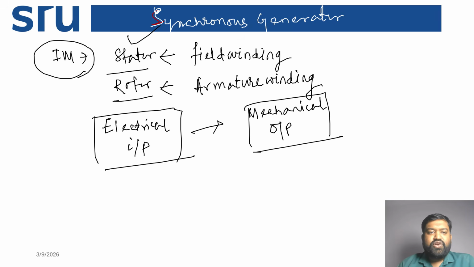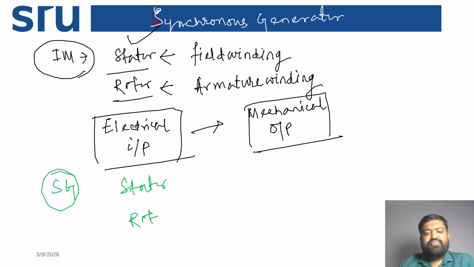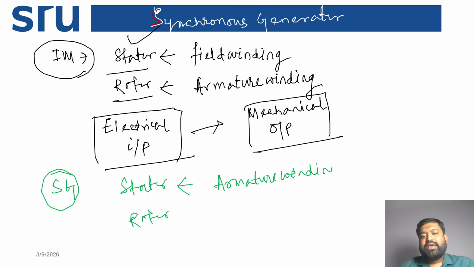Here, for the synchronous generator, the components are also the stator as well as the rotor. In this case, the stator is just reversed: the armature winding is present in the stator, but the rotor contains the field winding.